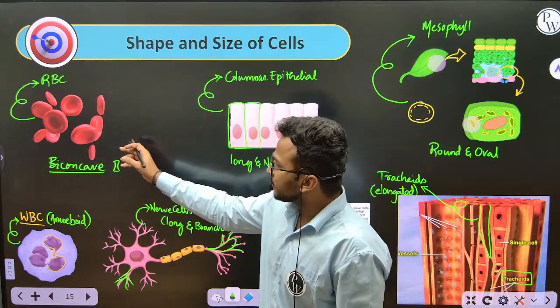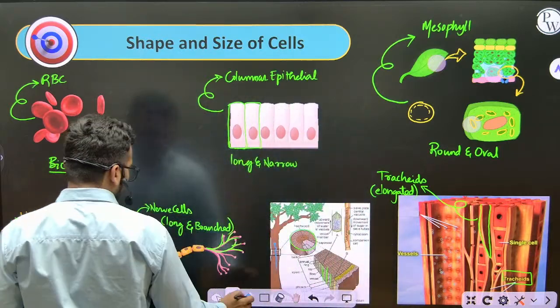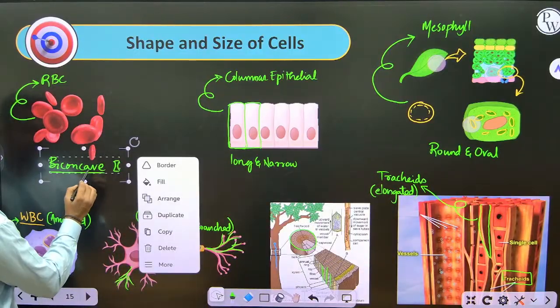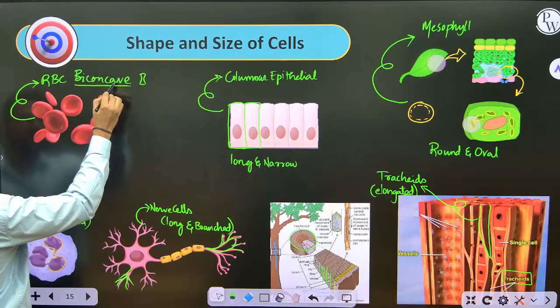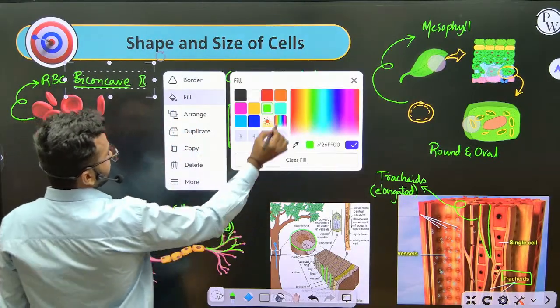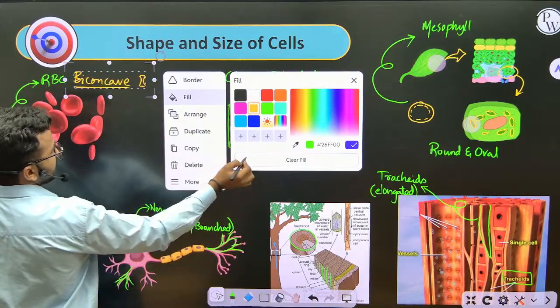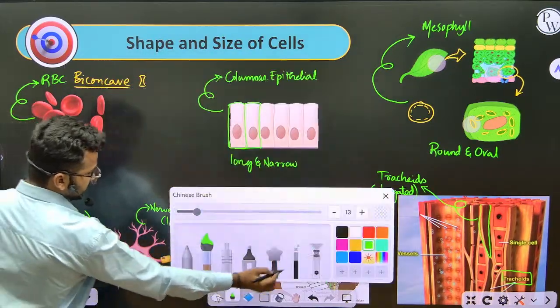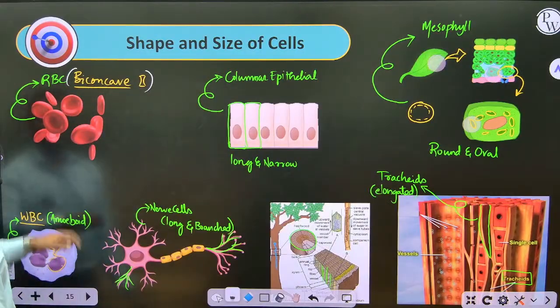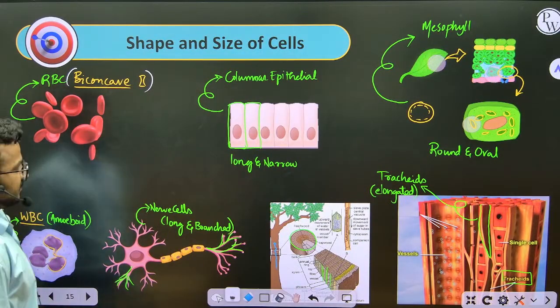So RBCs have this shape based on their function. Their function is to transport oxygen, so the shape of the RBC is different based on the function.